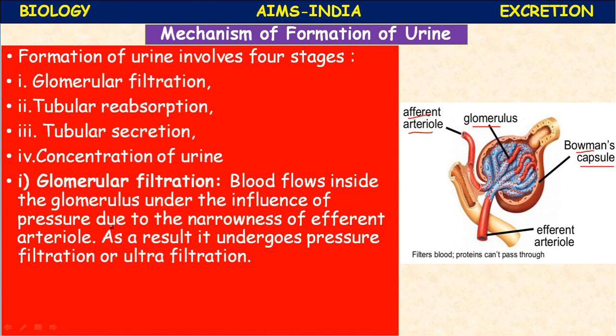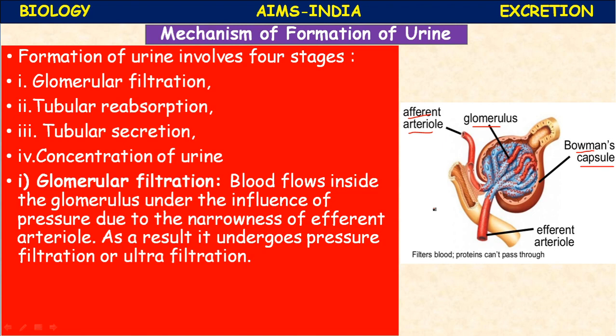Okay. The blood flows inside the glomerulus under the influence of pressure due to the narrowness of efferent arteriole. As a result, it undergoes pressure filtration, or it is also called ultrafiltration. What do you call this type of filtration? Ultrafiltration. What does ultrafiltration mean? It filters only unwanted substances, or selective filtration we can call it as.